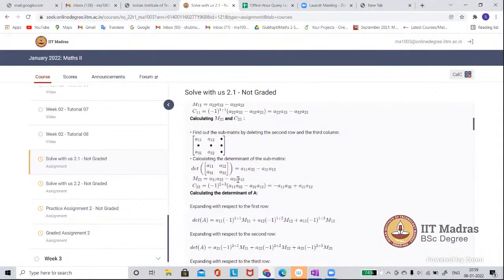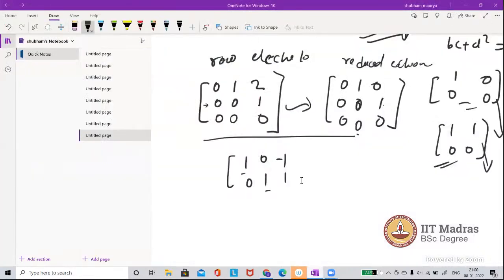Cofactor is just multiplying with the sign, not with the element. But while calculating a determinant, then you have to multiply with something. These two are different. Everything is there in Solve with us; if you go through that, you will get what you have to do.